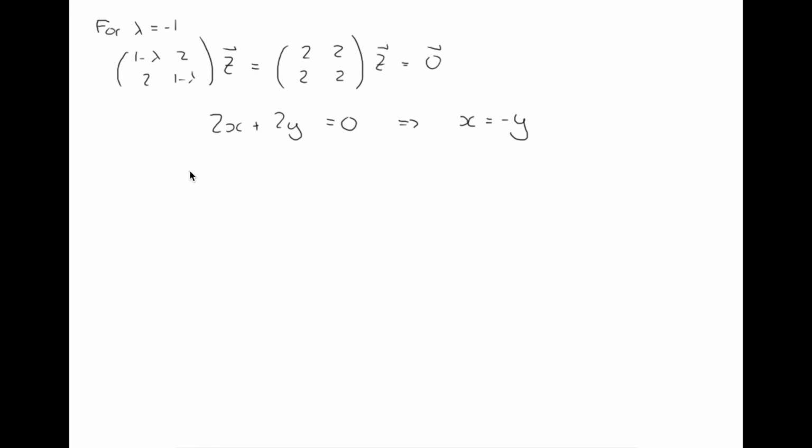Because of this, we now know that any vector which lies along this line, 1, minus 1, will transform under our application of the matrix to be minus 1 times the original vector. And therefore we have solved and found all the eigenvalues and eigenvectors of this particular 2 by 2 matrix.